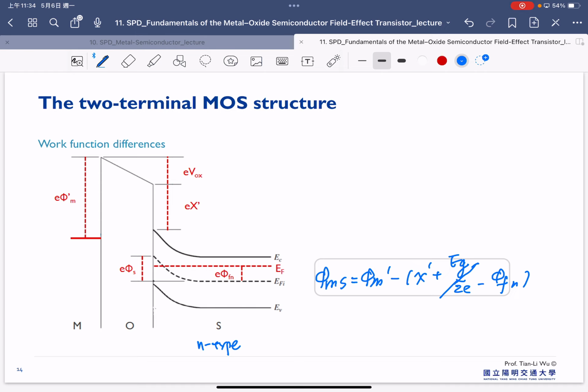So that's just some of the calculation to estimate the work function difference between the metal and semiconductor.